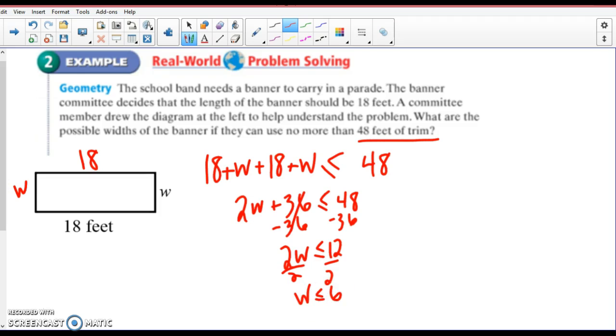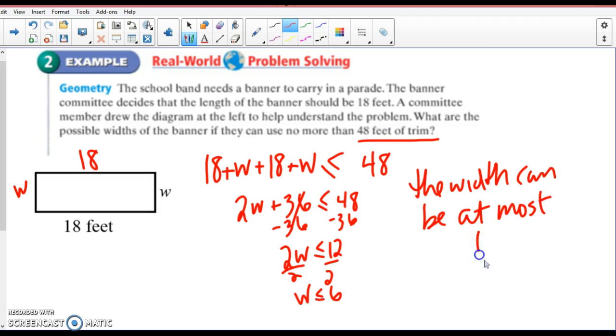Now, the answer needs to be thought out. I need you to answer this appropriately. I would say the width can be at most 6 feet.